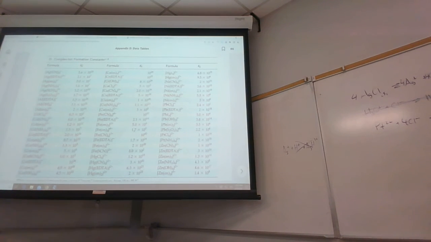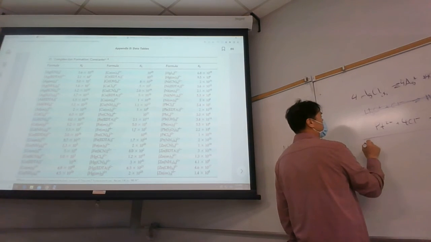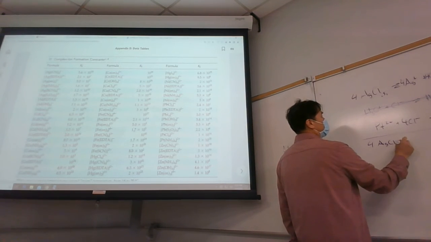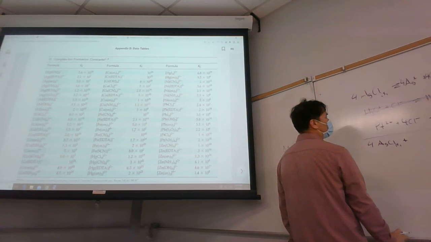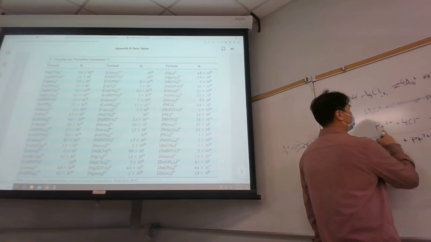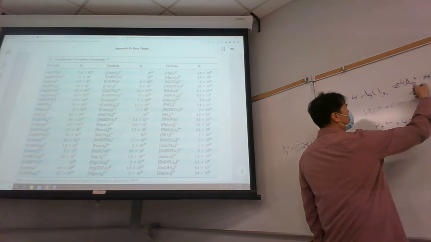If we combine the KF with the KSP, then we'll get KSPF. The combined method works here. The reason the combined method works here, we have 4 AgCl solid plus Pt 2 plus, 4 chlorides will cancel.